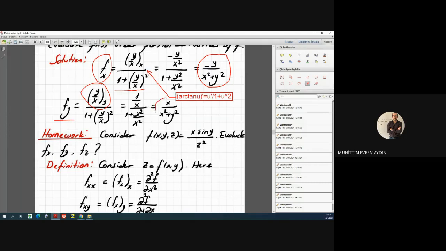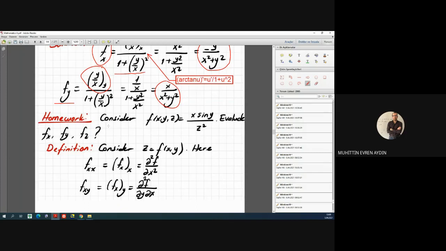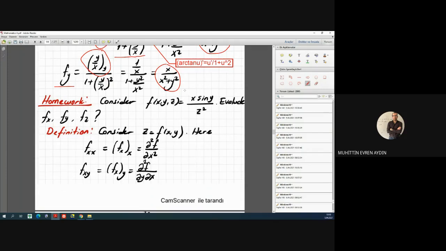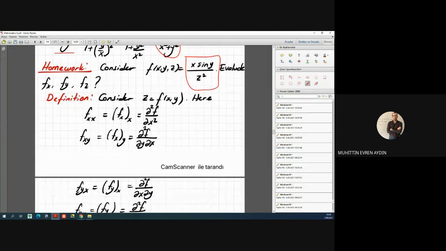After some calculations, you find this. And you can solve this problem by yourself.